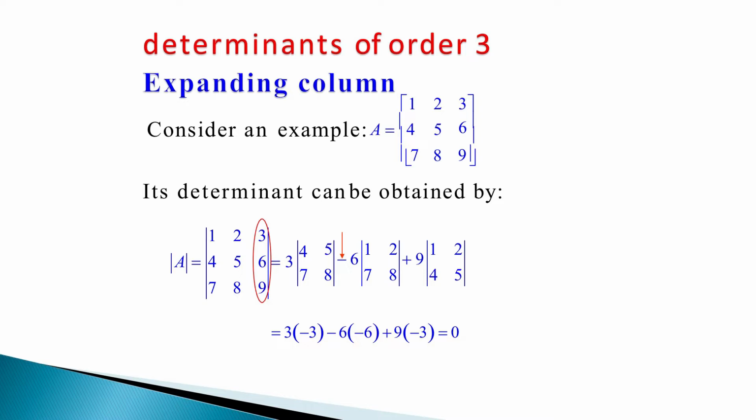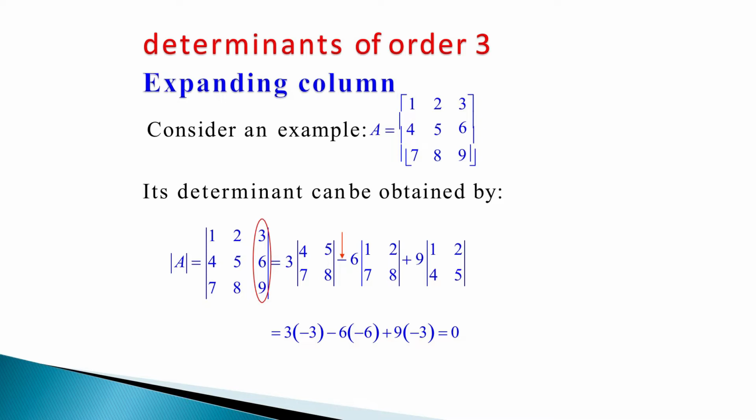Hence, expanding the third column, we delete the row and column containing the element 3. The remaining elements form a second order determinant 4, 5, 7, 8, minus 6 into, now delete the row and column containing the element 6, the remaining elements form the second order determinant 1, 2, 7, 8, plus 9 into the second order determinant 1, 2, 4, 5.